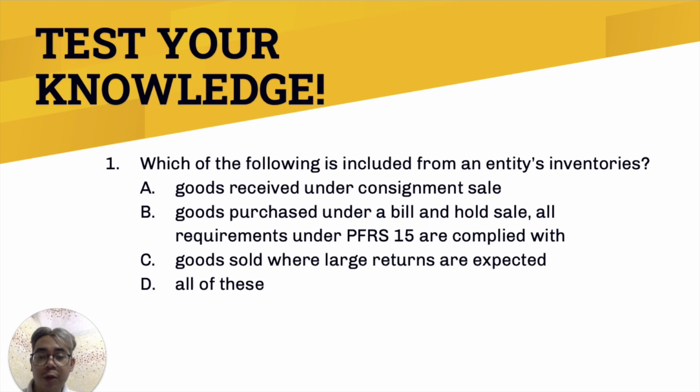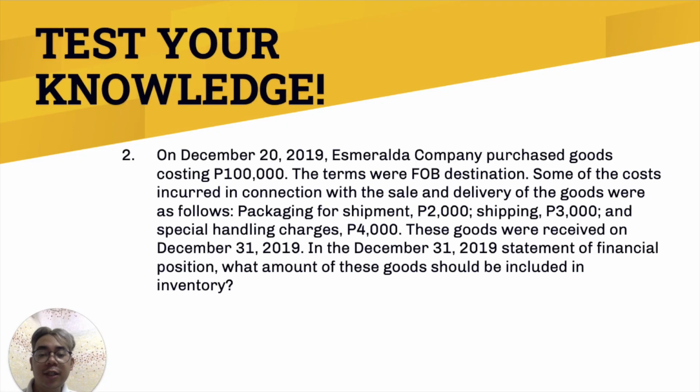And question number 2, on December 20, 2019, Esmeralda Company purchased goods costing 100,000 pesos. The terms were FOB destination. Some of the costs incurred in connection with the sale and delivery of the goods were as follows. Packaging for shipment, 2,000 pesos. Shipping, 3,000 pesos. And special handling charges, 4,000 pesos.